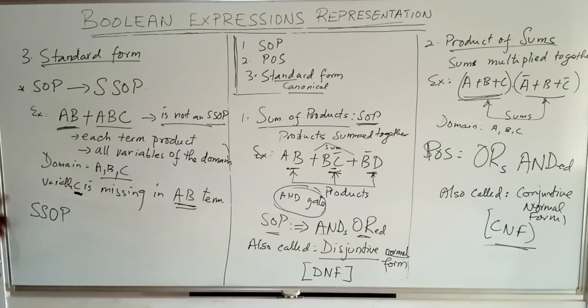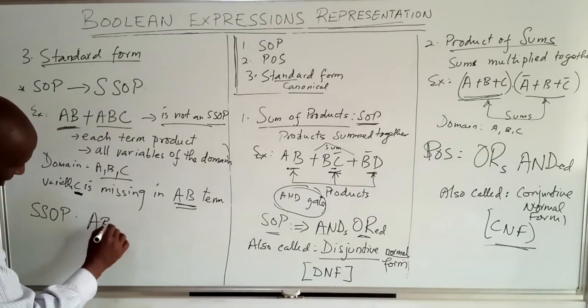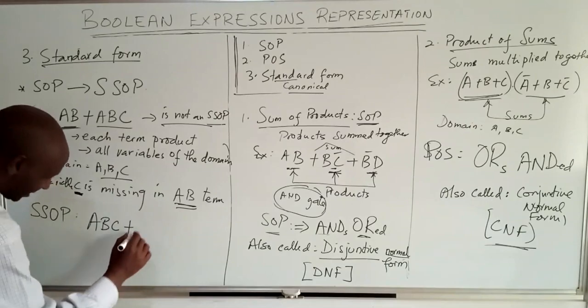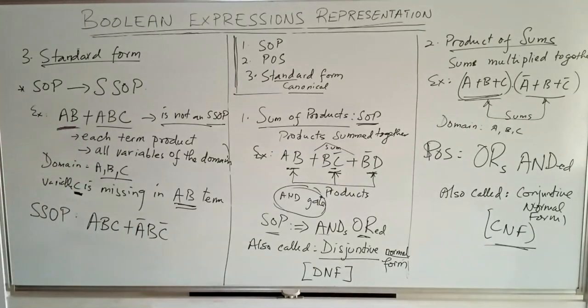A standard sum of product can be like this: ABC plus A bar B C bar, something like that.